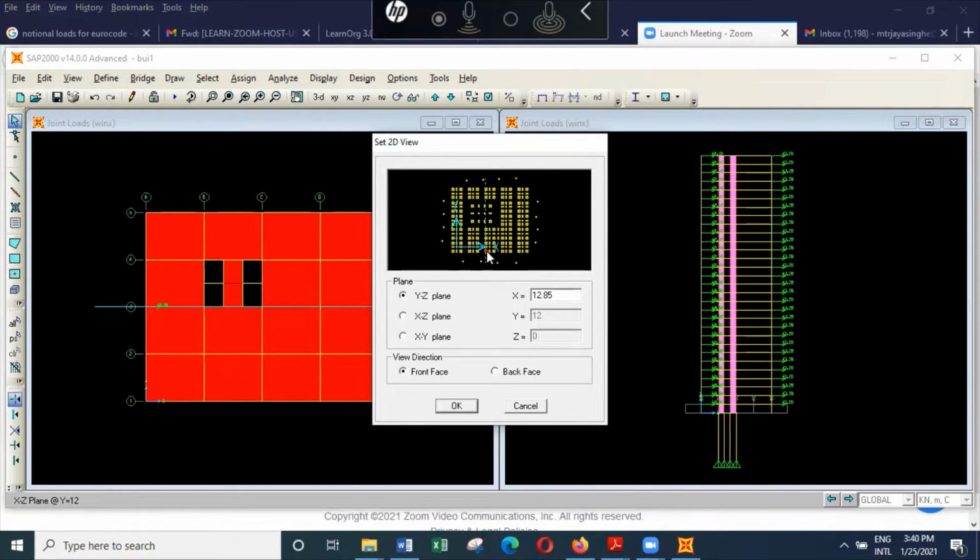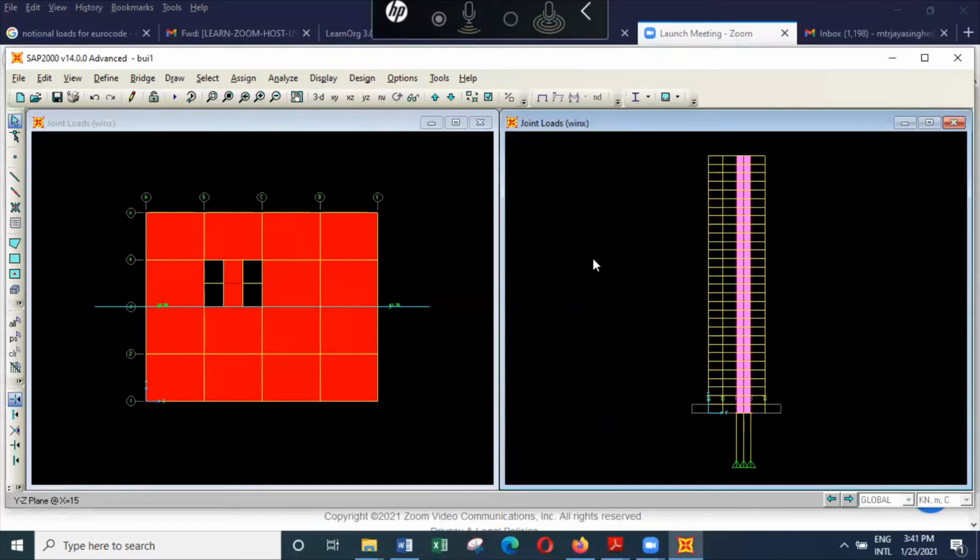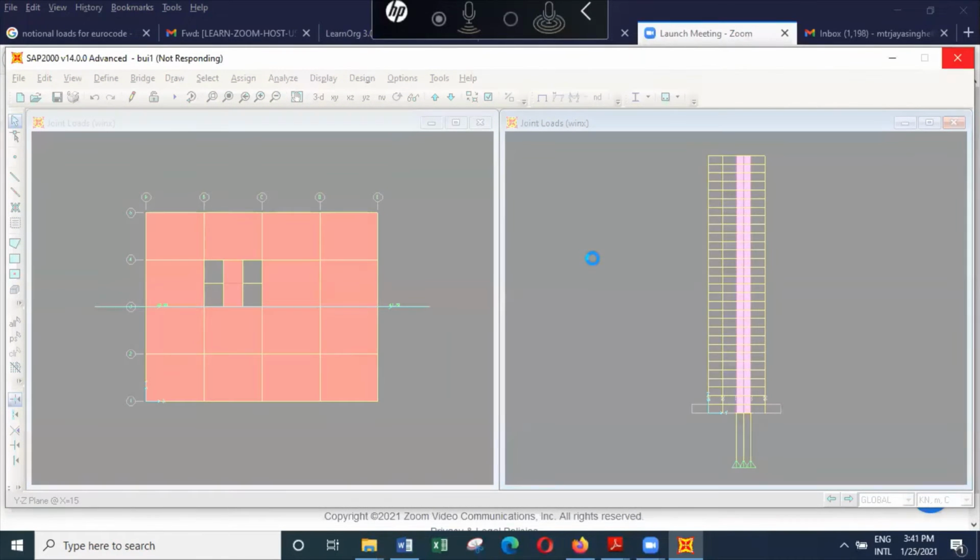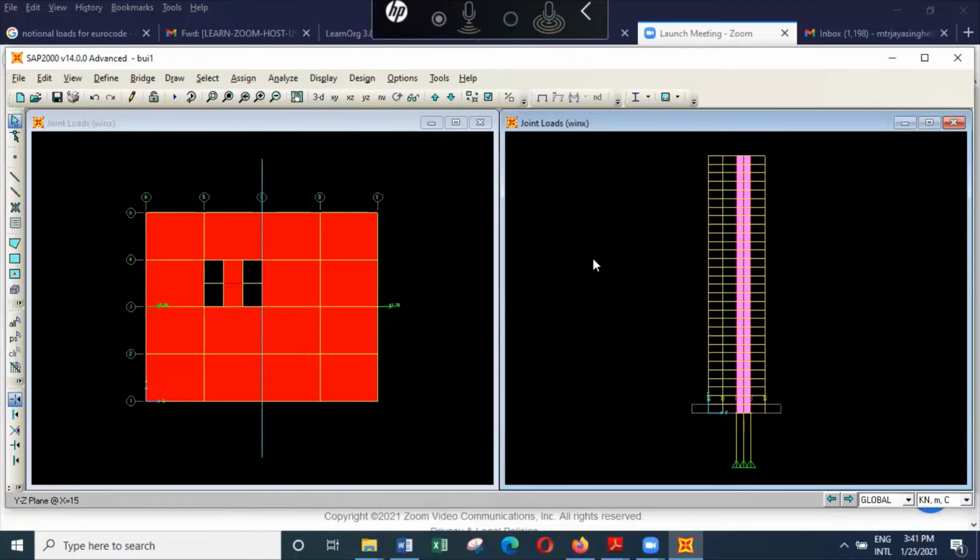Wind y, x is equal to 36, 50, and that is 3.6 into 30 into 0.5, 54 on this side.